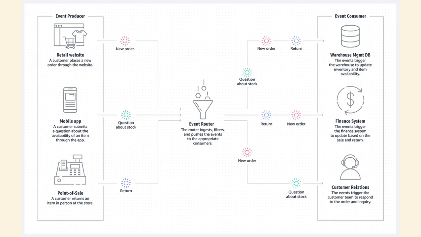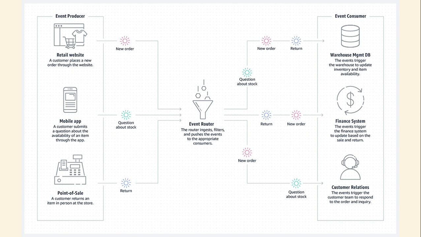This is the typical architecture of an e-commerce platform where we have multiple events, such as someone buying something, someone just surfing, or someone returning some item on the e-commerce site. For all the actions that we do on e-commerce, some event gets generated, such as a new order, a question about stock, or a return.